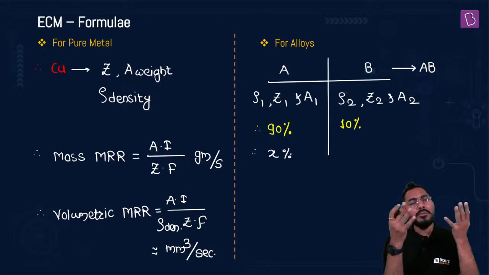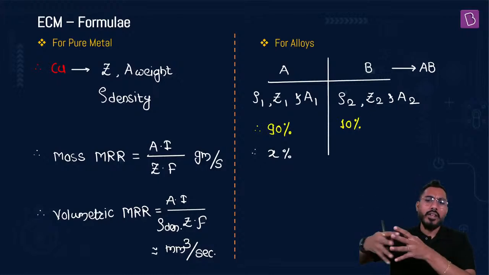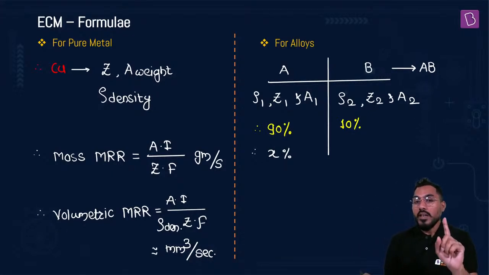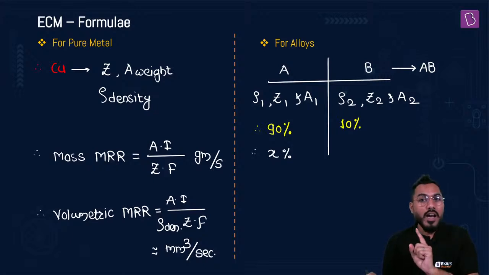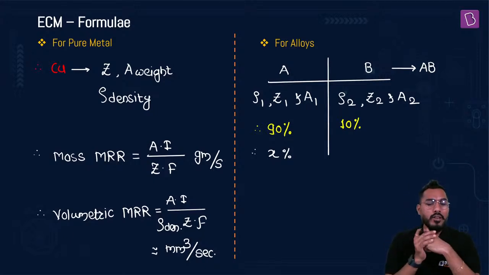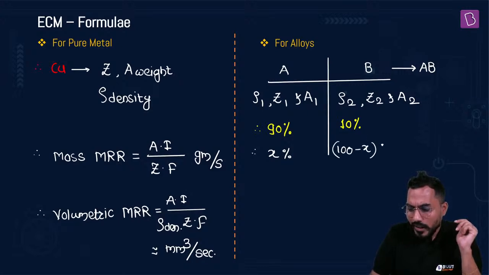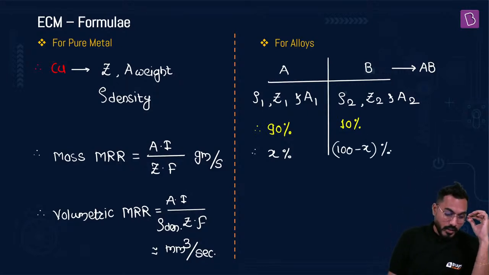X can be anything: 10, 20, 30, 50 or 60. So in the alloy AB, if A is X percent, B will definitely be 100 minus X. Is it correct?